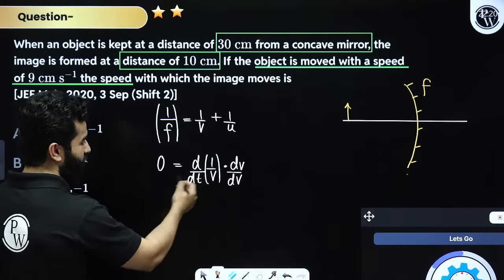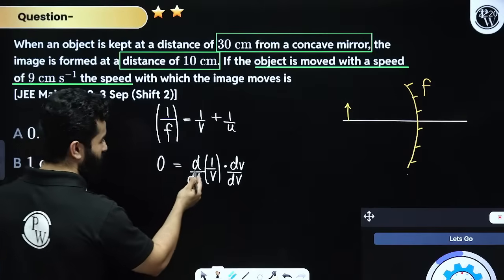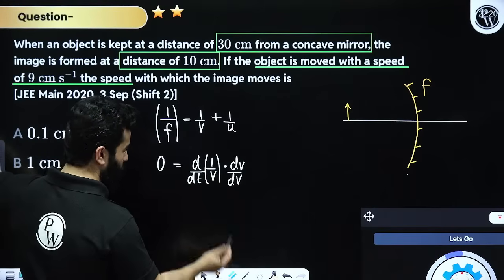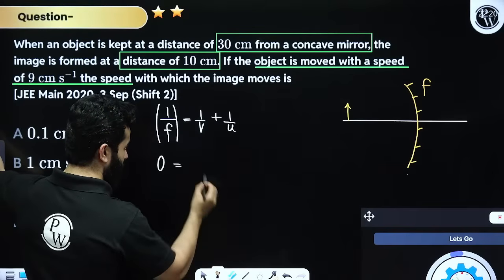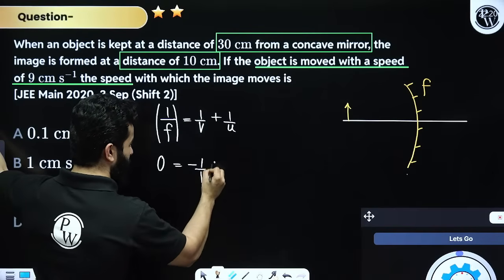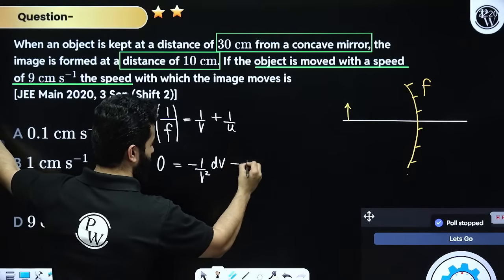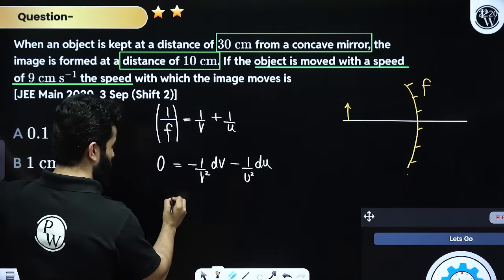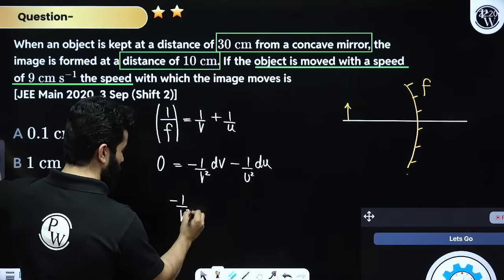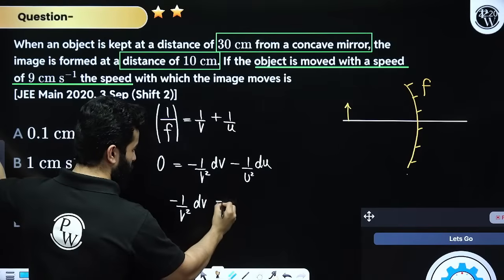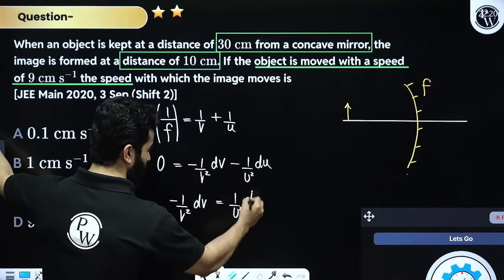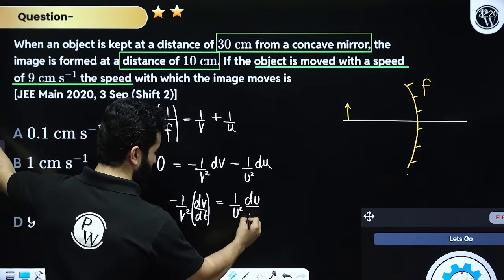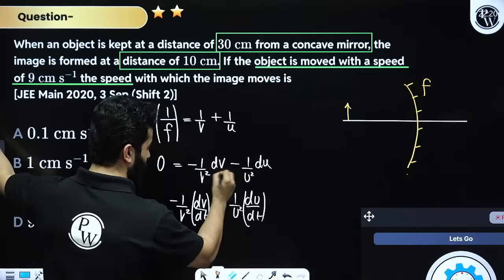So the differentiation of 1 upon v with respect to t is going to be simply minus 1 upon v square dv, and this will be minus 1 upon u square du. So we are going to write it down as minus 1 upon v square dv by dt is equal to 1 upon u square du by dt.